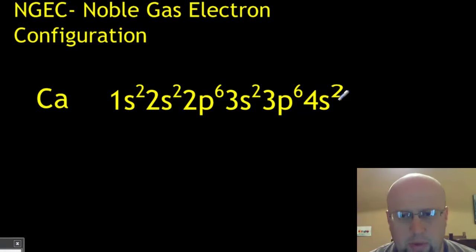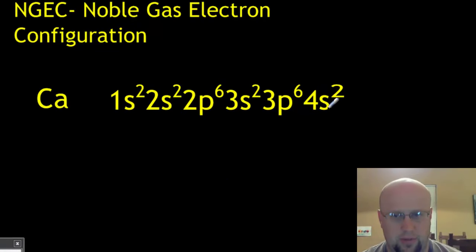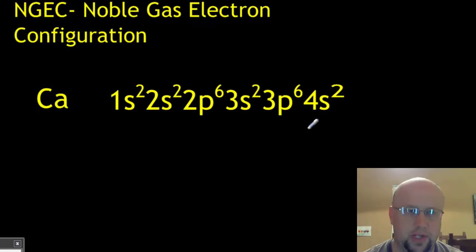Now remember that what we're trying to get to, that all of the atoms want to get to, and this is really important for us in bonding, is a noble gas electron configuration. Okay, and we're going to talk about how we get to that a little bit more in a second. But remember, if we look at our normal electron configurations, we can tell the valence electrons by looking at the coefficients.